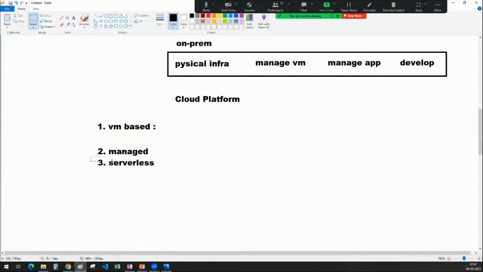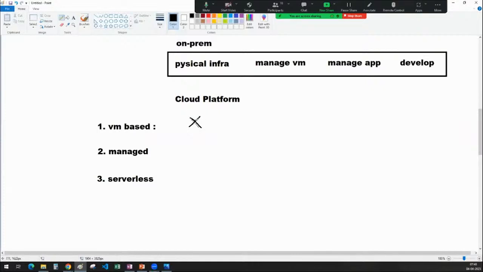Very important thing, guys. No one will tell this point, but you have to understand it, because somewhere you are seeing VM based services, somewhere you are using managed services, somewhere you are using fully managed serverless platforms. So now you will be able to understand the concept. In VM based, you need not manage the physical infrastructure, because the physical infrastructure will be provided to you in the form of a virtual machine.